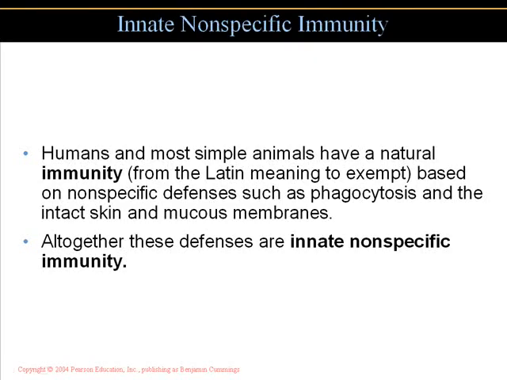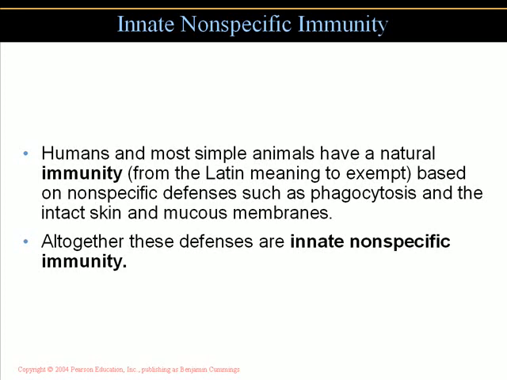All right, so when we talk about immunity in the human system, it is basically composed of a series of defense mechanisms. We've talked about the primary defense mechanism in Anatomy and Physiology 1, which is the skin. We talked about some skin diseases last week, but humans and most other simple animals have a natural immunity as well.